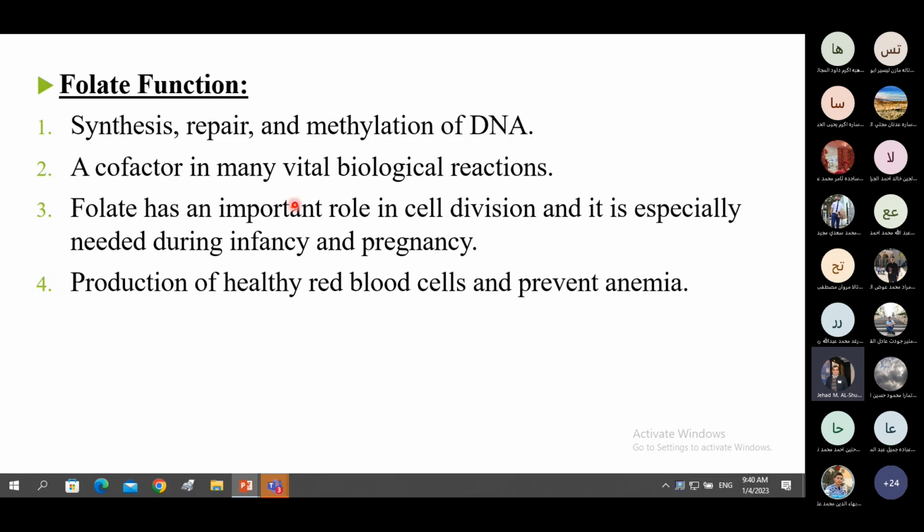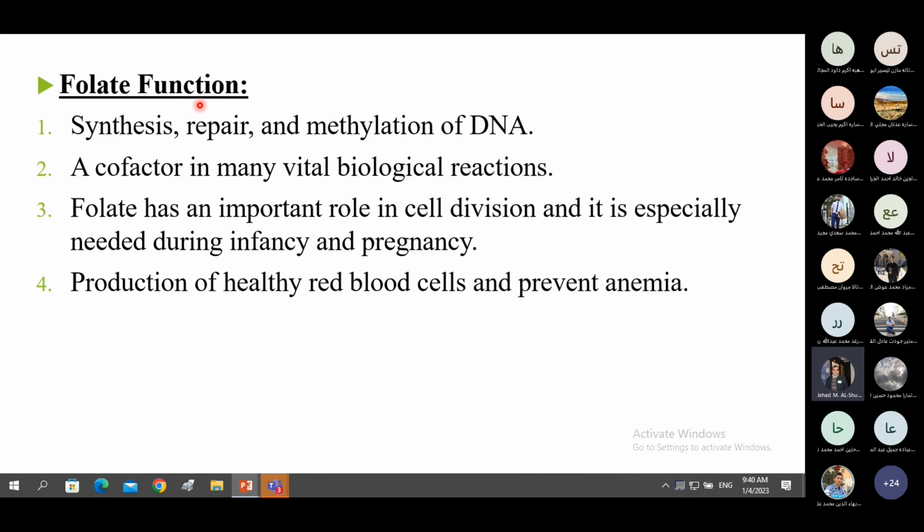As we will see, it is also a cofactor in many biological reactions, and also in the production of healthy red blood cells. And their shortage causes some type of anemia, as we will see. So this is the folate function.